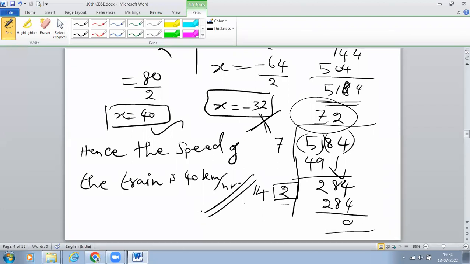Okay, next one, which question? The completed ones you can tell. 4.2 question number 3. Okay, all of you write the question.